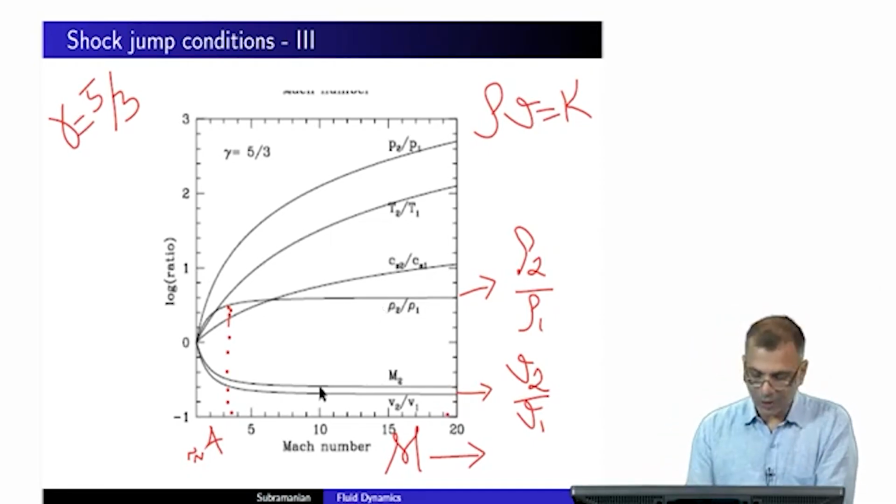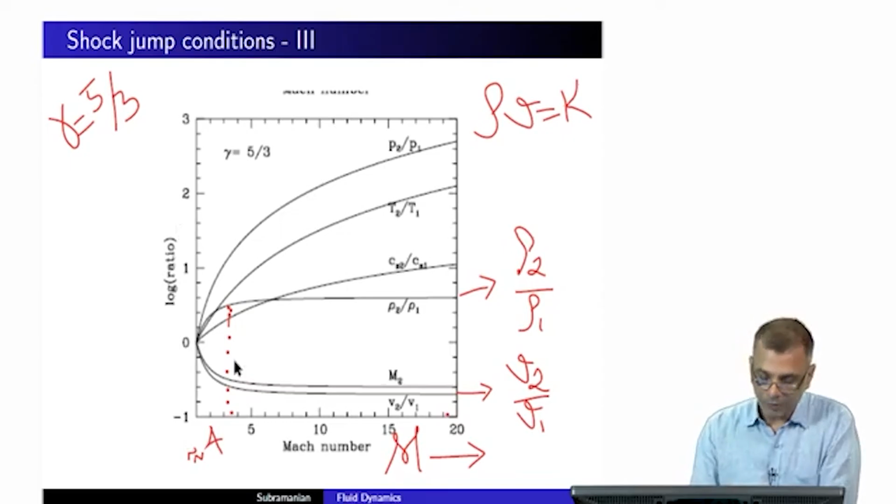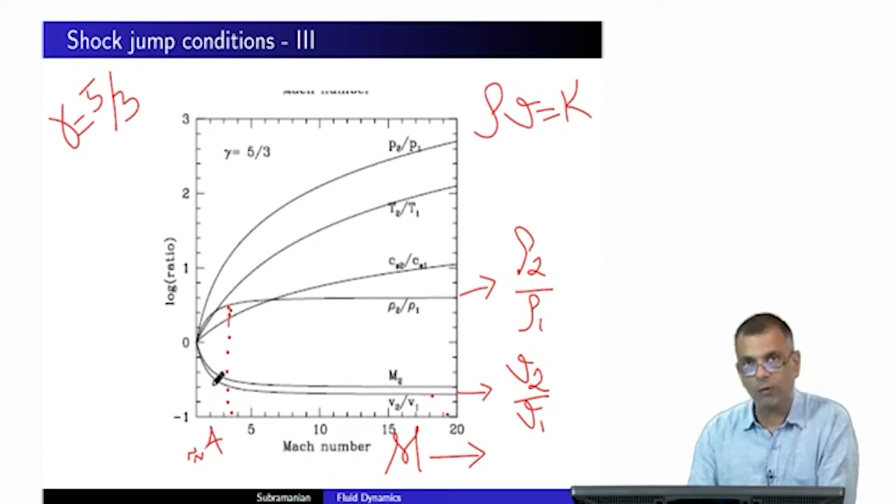And not surprisingly, this also exhibits exact same behavior beyond a certain Mach number. The ratio plateaus off, except this ratio is smaller than 1. Remember, this is 1, so this side is larger than 1 and this side is smaller than 1 because it's a log graph, right? So it plateaus off beyond about Mach number of 4.